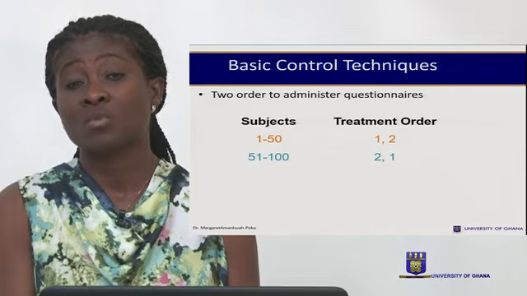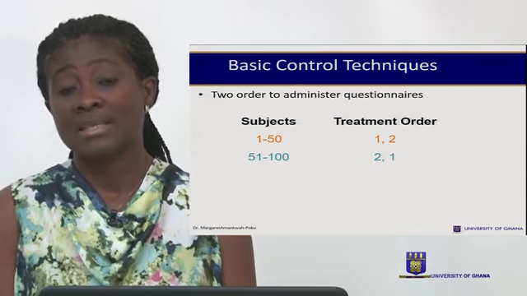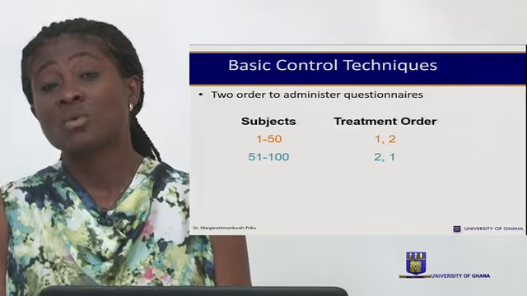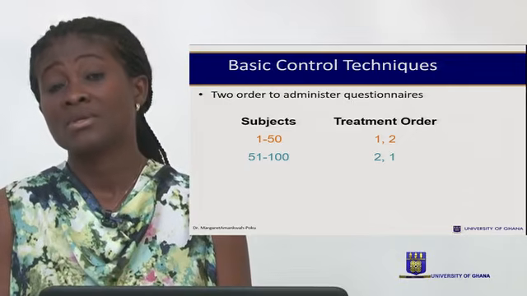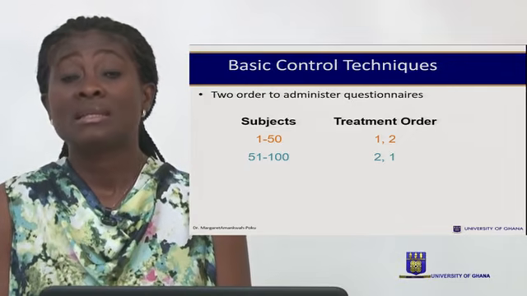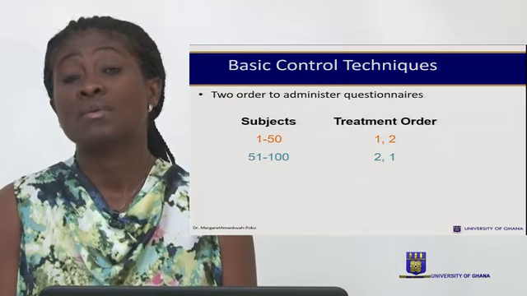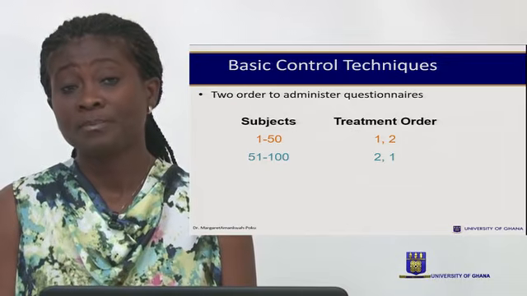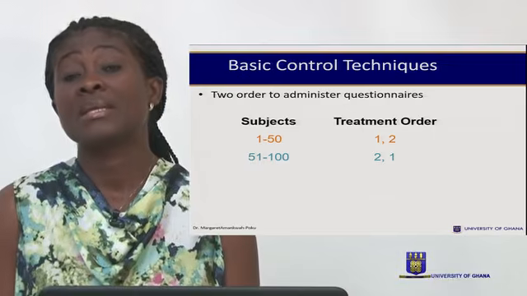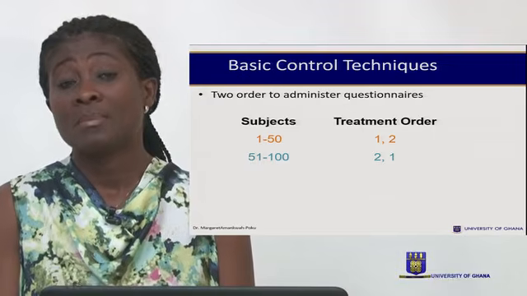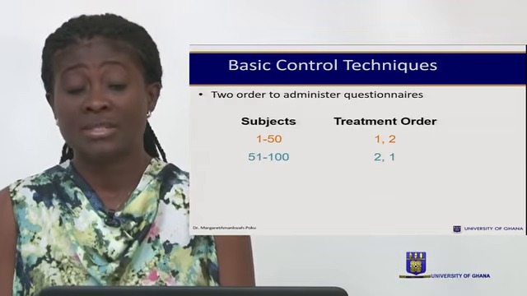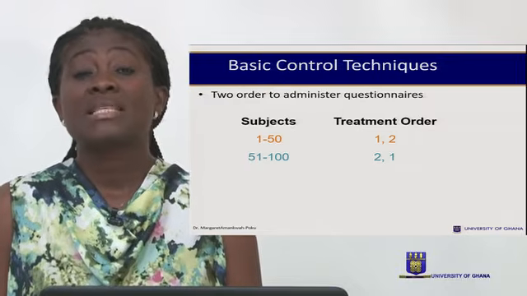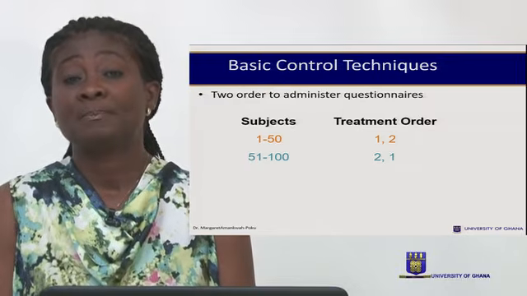So now 5 becomes 1, 4 becomes 2, etc. And then we reverse this order for the next 50 participants. So in this case, we are trying to control for sequencing effect. We vary the sequence with which the participants respond to the questionnaire. So these are the 3 basic techniques.